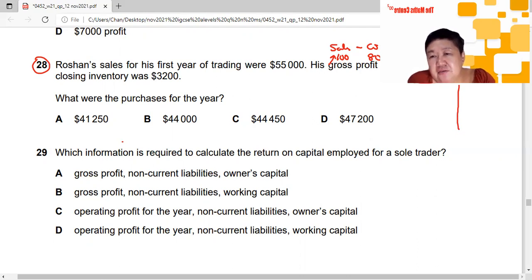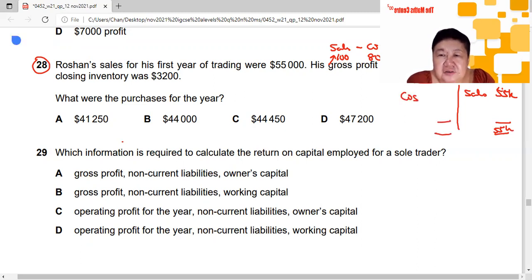In a trading account, in the T form, the sales is 55K. Still very simple T form. Here I will write cost of sales and therefore the gross profit. Also 55.